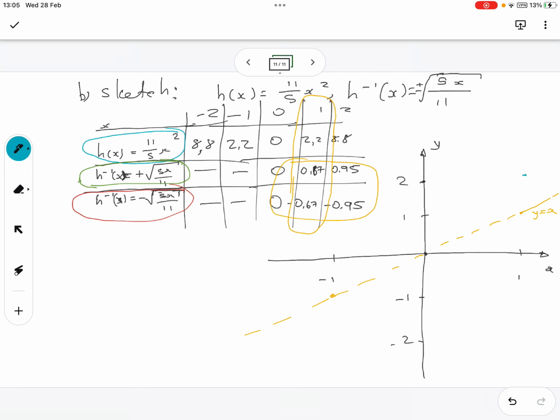It goes like that, and 0, 0, and then at negative 1 somewhere a little bit above, so our curve would do something like this.